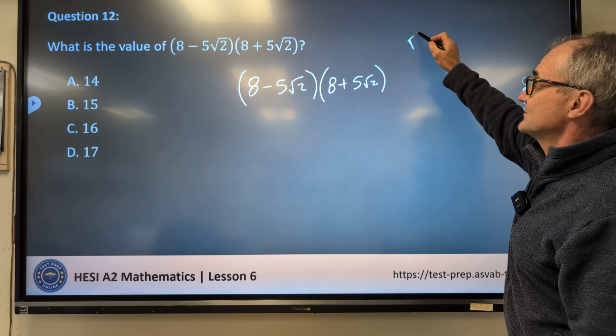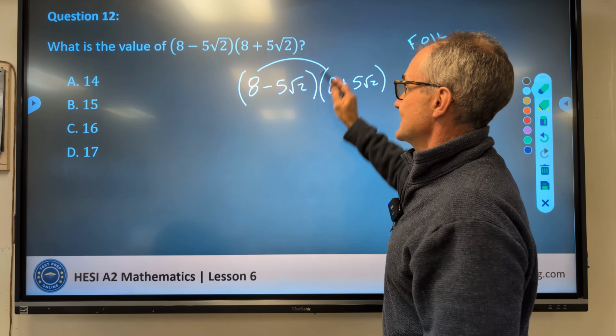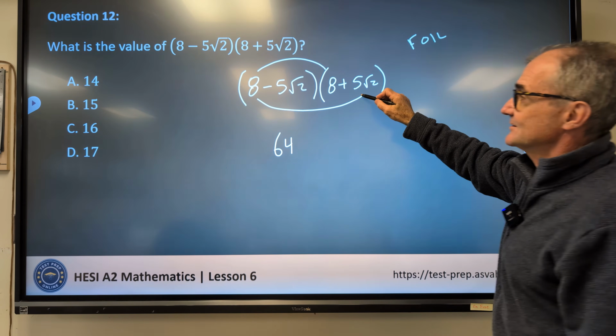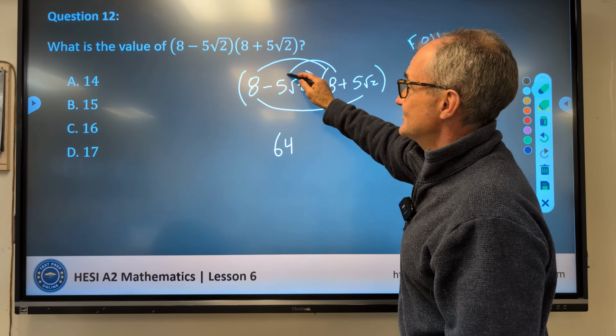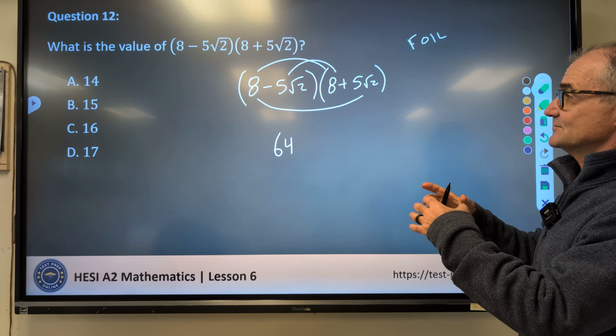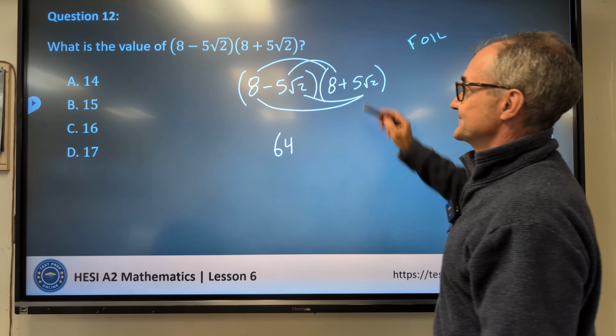Remember we had FOIL: first, outer, inner, last. So I multiply the first terms together to get 64. The outer terms together, 40 root 2. The inner terms together, negative 40 root 2. So those terms just cancel, and then the last terms together.